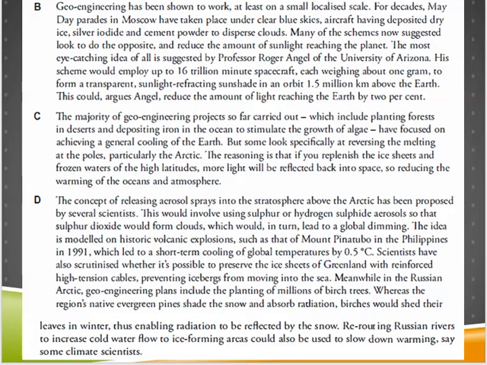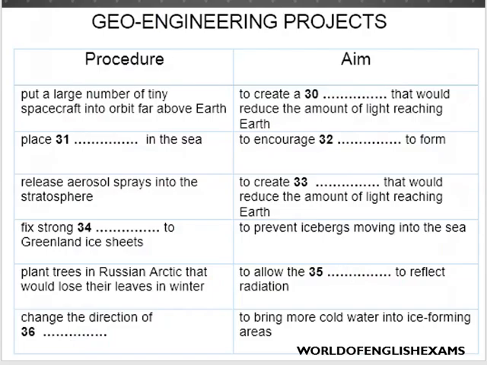Meanwhile, in the Russian Arctic, geoengineering plans include planting of millions of birch trees, whereas the region's native evergreen pines shade the snow and absorb radiation. Okay, and that would shed their leaves in winter. So we have got the keyword as lose their leaves in winter or shed their leaves in winter, to allow dash to reflect radiation.